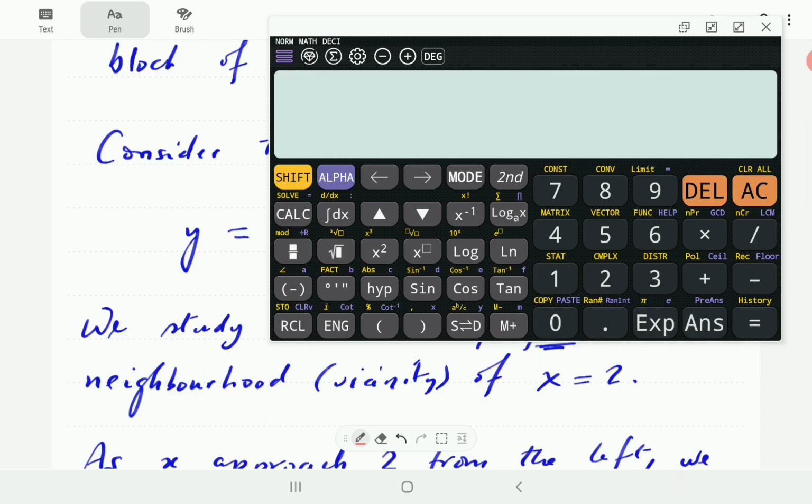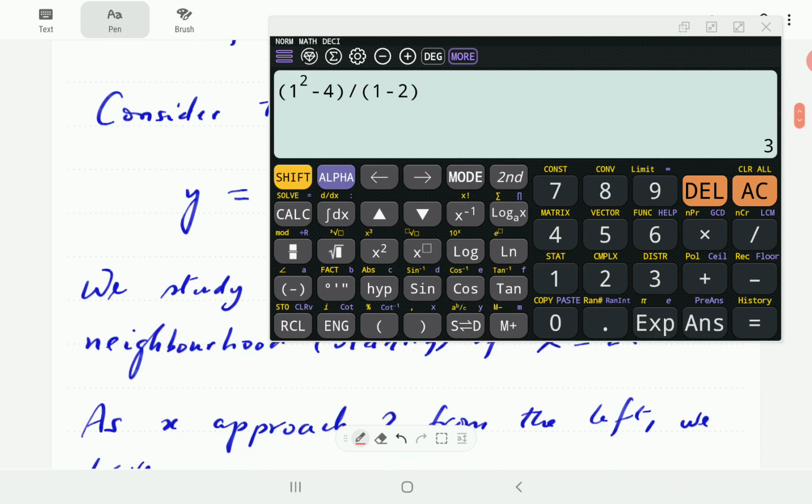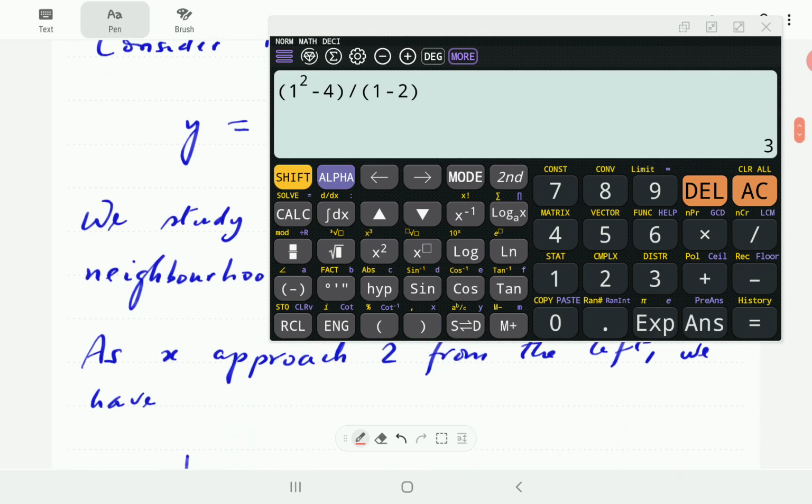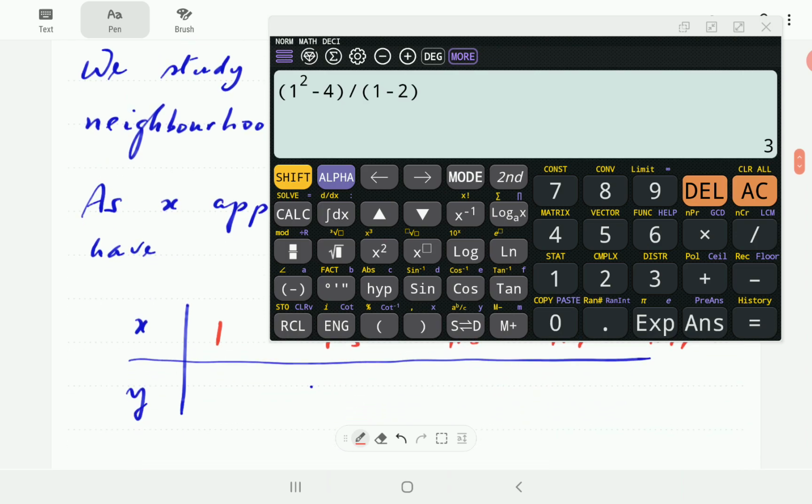So when x equals 1, we're going to have open brackets, 1 squared minus 4, and then all divided by 1 minus 2. Actually, in this case, you can work this out even without a calculator. The numerator is going to be negative 3. The denominator is going to be negative 1. So that tells us that y is going to be equal to 3.